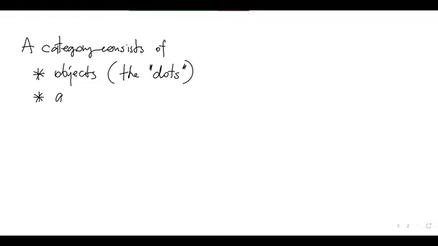So a category consists of objects. These are the dots. And arrows. Well, maybe I don't want to call them arrows right here.